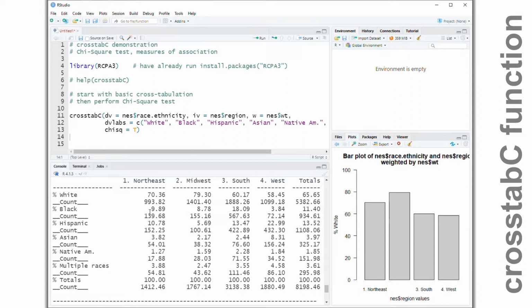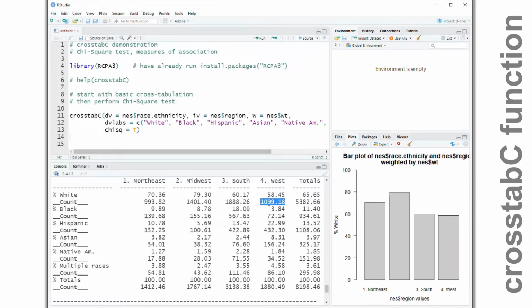And if we're told that among the 4 regions, in the Northeast the value is 993, in the Midwest it's 1401, and in the South it's 1888, if we know the total and we know 3 of the column values, we could subtract those values from the total and arrive at the frequency in the West.